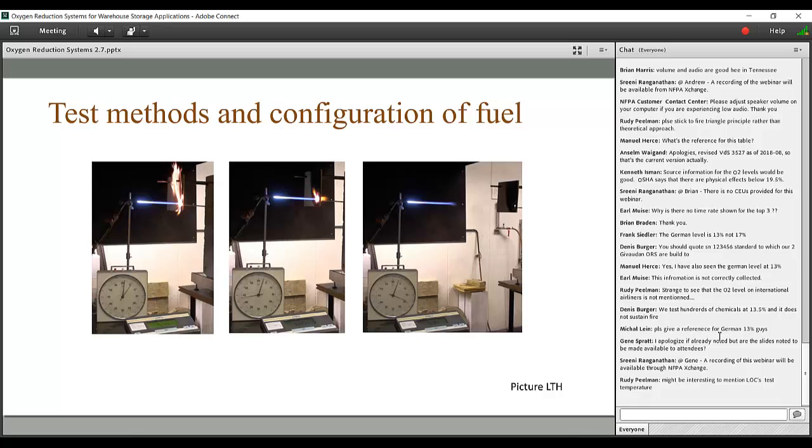You see the very high illuminating flame, and on the left you see it attacking a particle board, and in the middle you see that the flame penetrates very well, very quickly, and that means that according to the test standard, that would be in many cases a pass, and these tests were performed at 21%. So there's some inconsistency in how to run the test, and also how to interpret a pass or a failure.